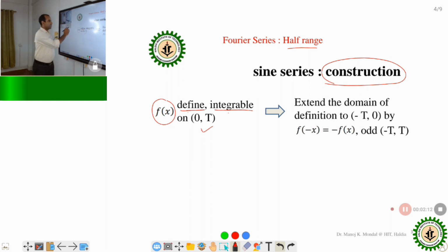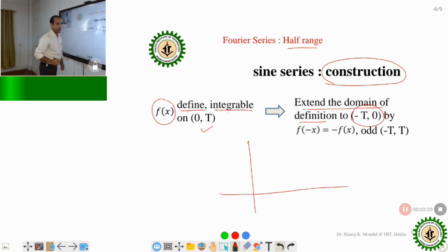If it satisfies this condition, then it is extended in the domain of definition to minus t to 0. Our target is that if we represent the function graphically, originally the function is on 0 to t. Suppose the function is in this way from 0 to t.